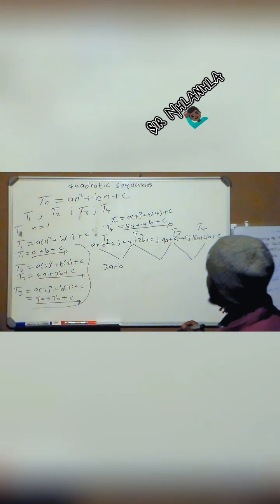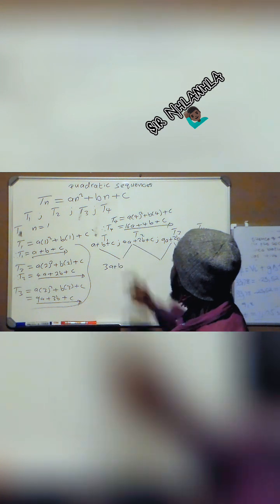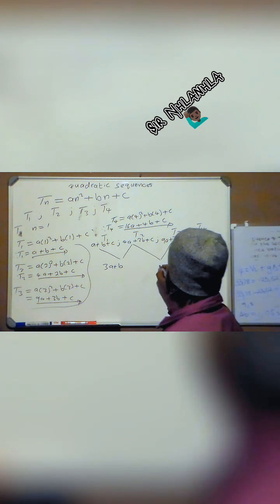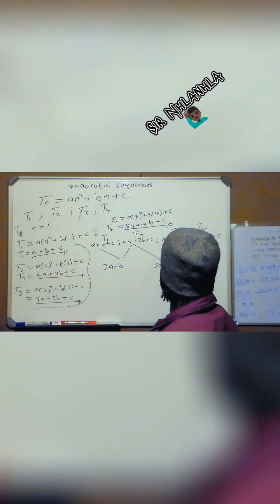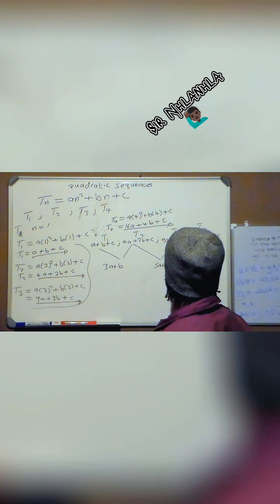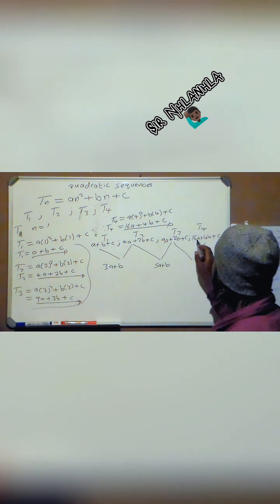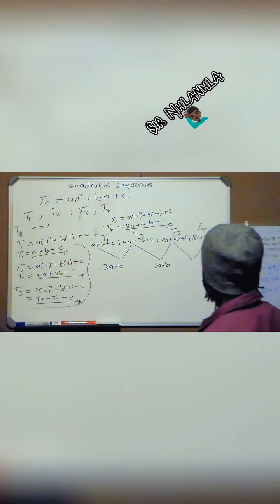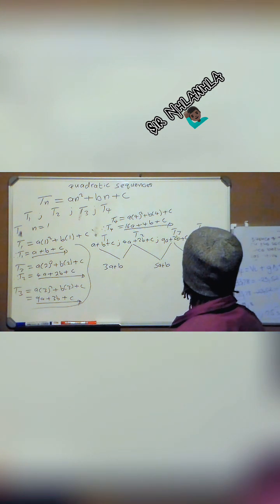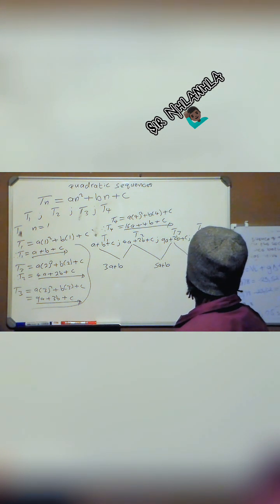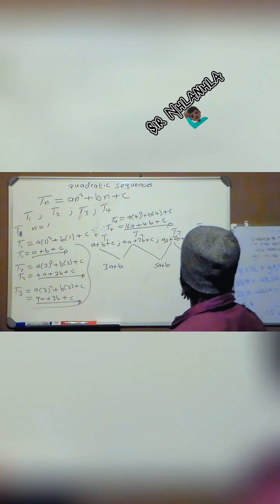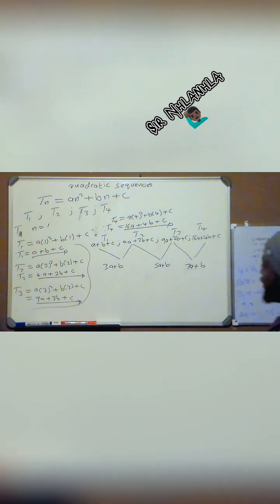T3 minus T2, that's 9a minus 4a, so this would give us 5a, plus 3b minus 2b, which is b, and c minus c, 0. T4 minus T3, so 16a minus 9a, this one would give us 7a plus b, right?